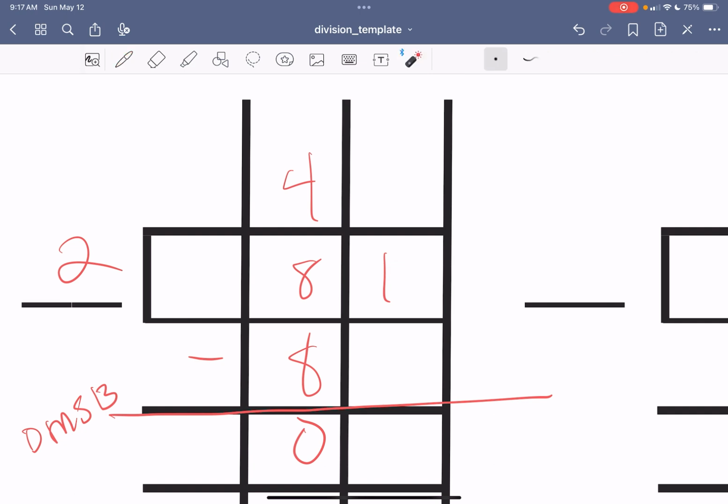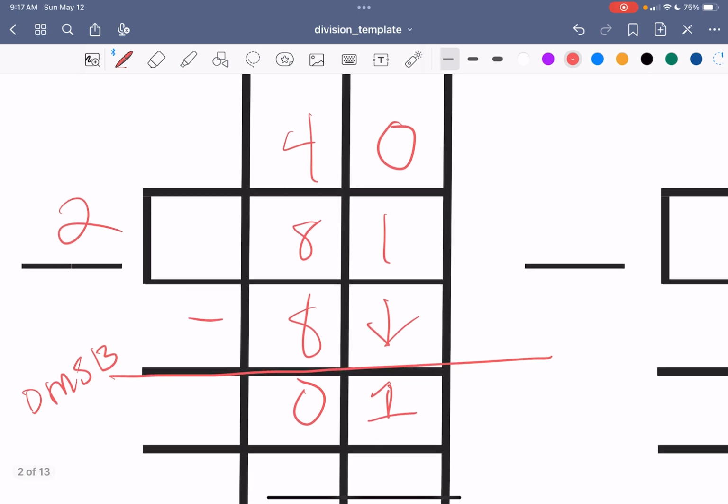And 1, we got to bring that down. Now we remember, if we have a space here and we can't divide, we're going to put a 0 in here. So 1 divided by 2 we can't do, so that's 0. So now we start the process all over again.